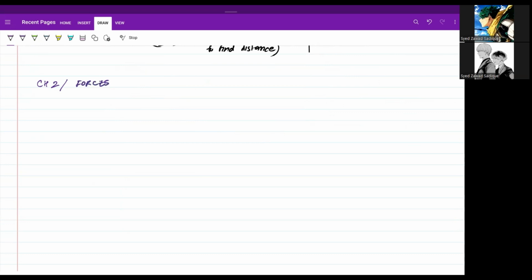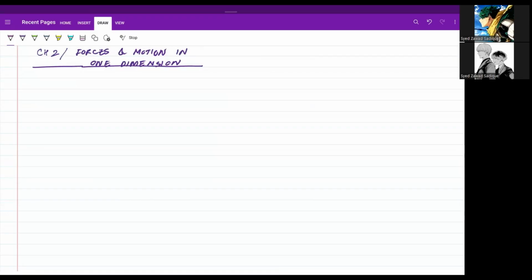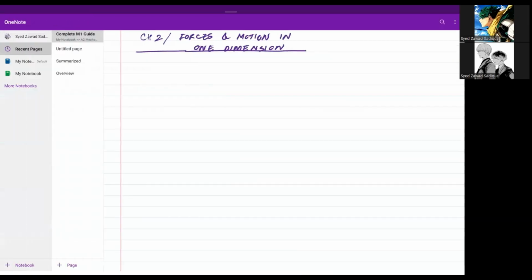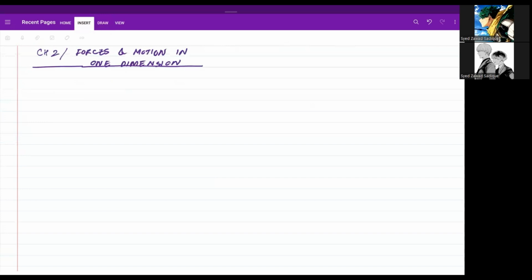This is also a very straightforward topic. Nothing to mainly talk about, because this is all you've learned in O levels as well.